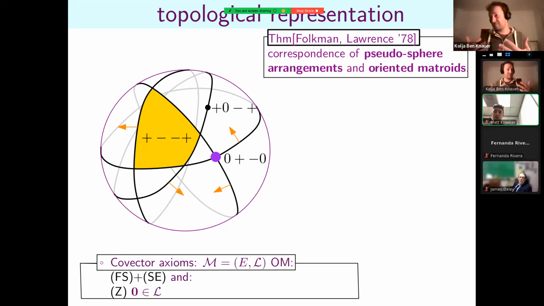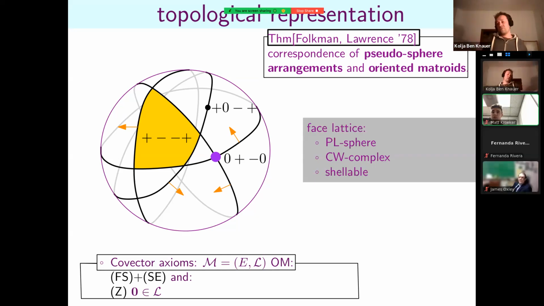By this, I can again associate sign vectors to all the points, and by a very similar idea as in the realizable setting, I will get a set of covectors. The theorem is that this will be an oriented matrix, and all oriented matrices arise that way. So this is an important theorem in oriented matrices. It tells you how far away you get from realizability in oriented matrices.